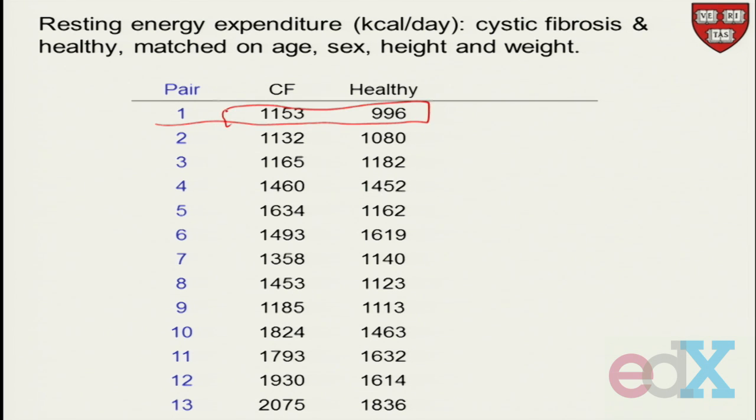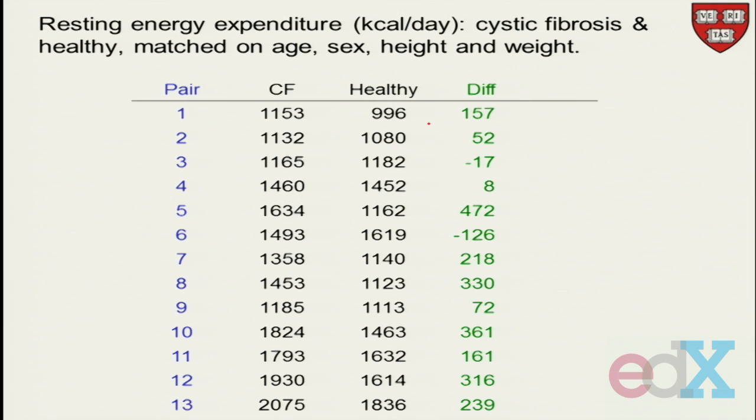And now if we do what Arbuthnot did, we look pair by pair and see the differences, all right? And all Arbuthnot did was look at the sign. So here's a negative one, here's a negative one, all the rest are positive. So if we look at the signs, we've got 11 positive signs and 2 negative signs.